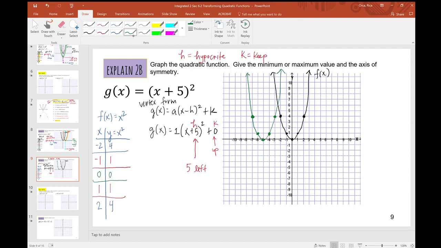Highlight the parabola. Label it. That's g of x.